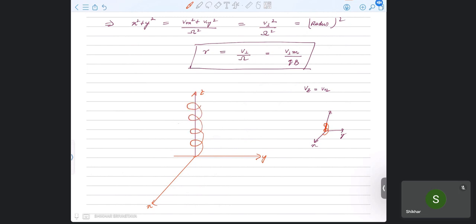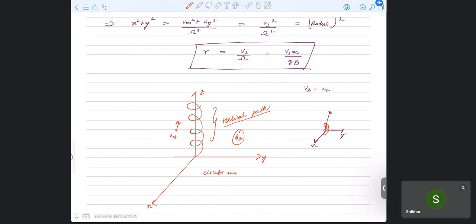So it is moving with a constant speed in the z direction, plus it is also moving in a circular path in the vx and vy directions. So this is something which is called a helical path. A particle in the presence of a uniform static magnetic field will move in a helical path in the direction in which the magnetic field is applied. It will move with a constant speed in the direction of the field, but it also performs circular motion in the xy plane.